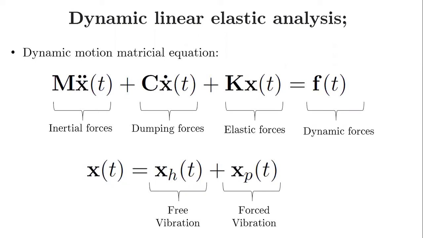The second term is the damping forces, defined by the damping matrix C and the velocity vector x dot. The third and last term of this side is a vector of elastic forces defined by stiffness matrix K and the displacement vector X. The equality with the dynamic forces applied must be satisfied.